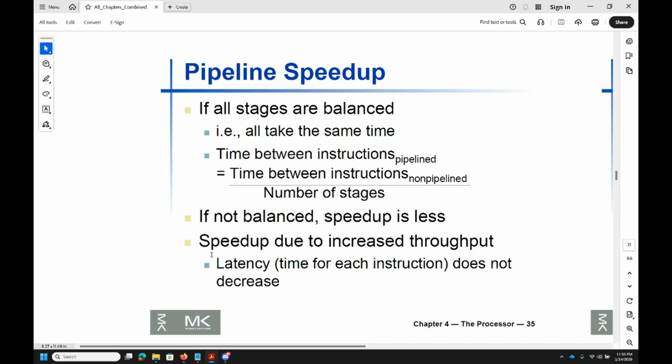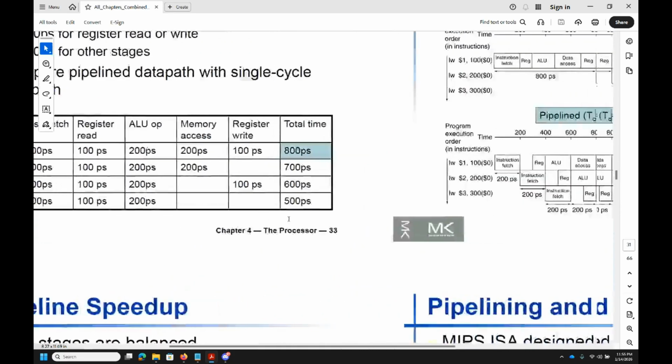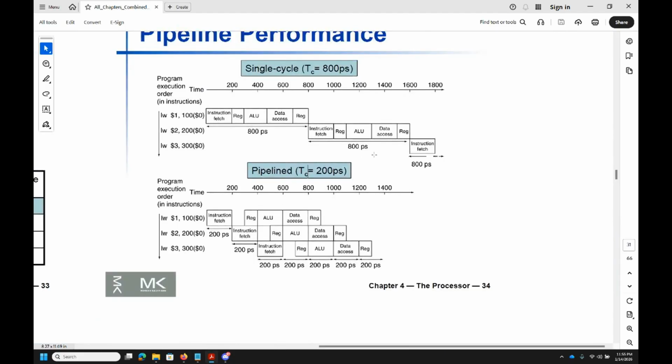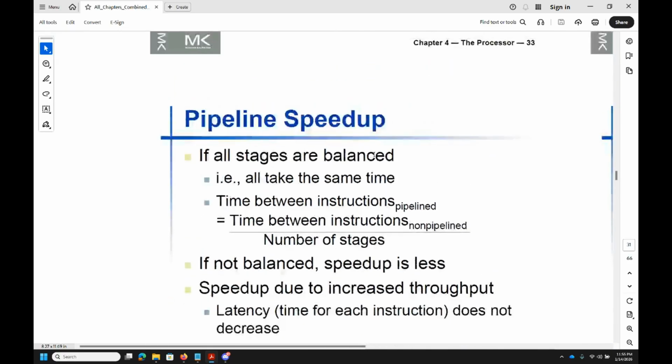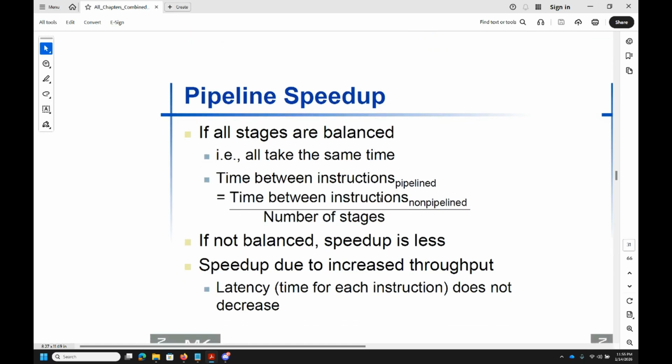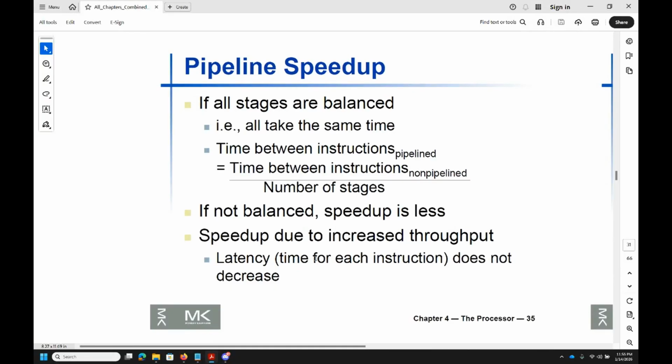So one way to make this pipeline even faster is if you could break it into 8 pieces instead of 4 pieces, because then you could stack them, and each particular stack would take only 100 picoseconds more. If they're not balanced, then the speed up is less. So the speed up is due to the increased throughput.